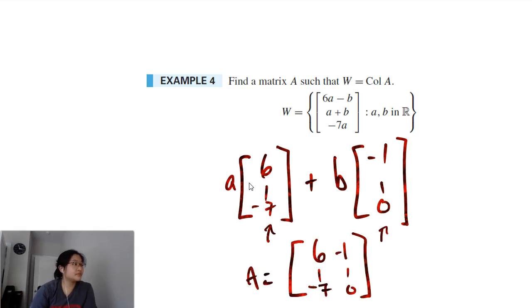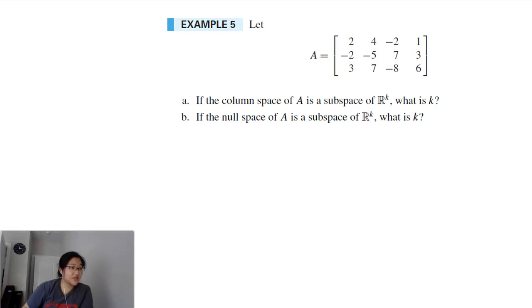There we go, matrix A, which is 3 by 4. If the column space of A is a subspace of Rk, what is k? And if the null space of A is a subspace of Rk, what is k?